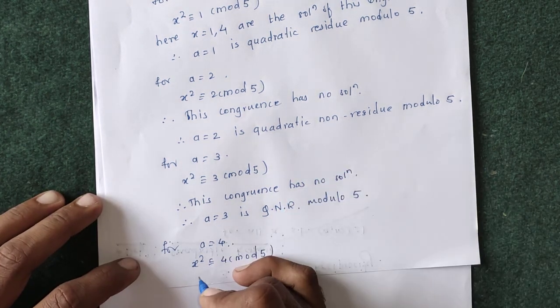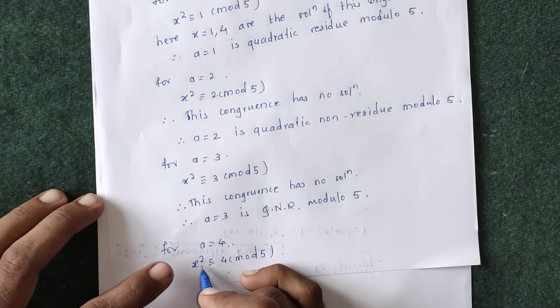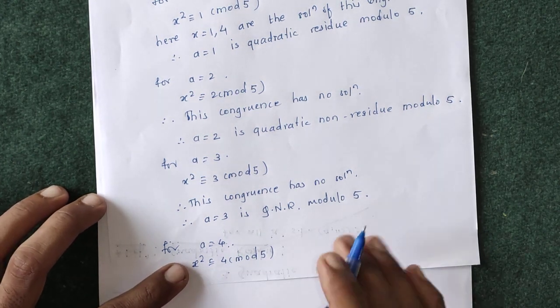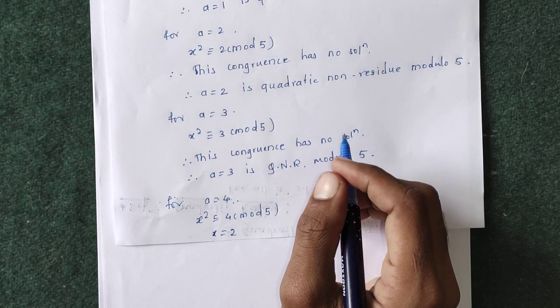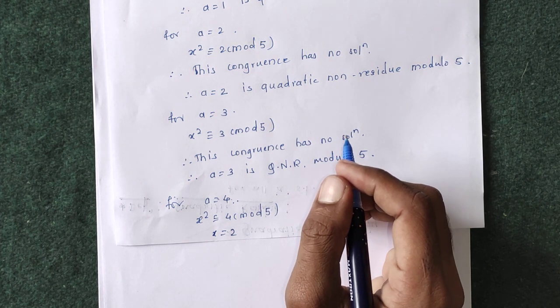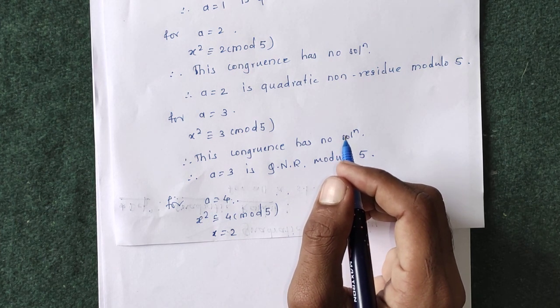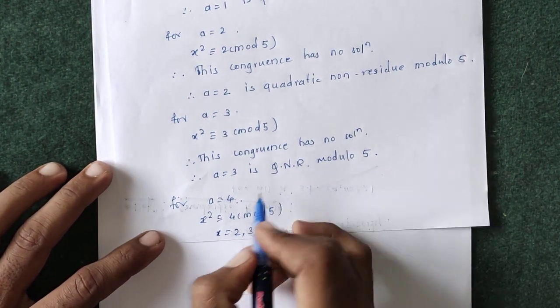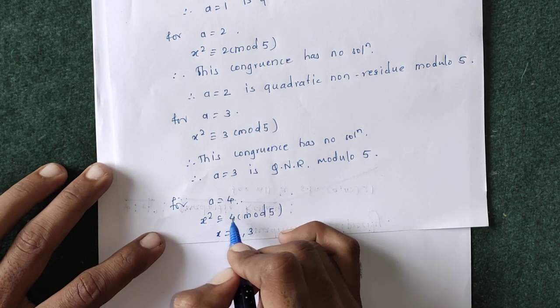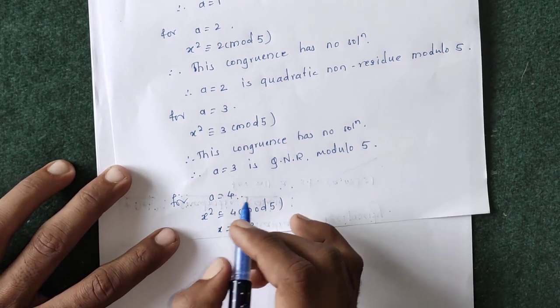Similarly for x equals 2, we get 2 square is 4, and 4 minus 4 is 0, 5 divides 0. So we get x equals 2 is a solution. And for the next integers, if we check x equals 3, then 3 square is 9, 9 minus 4 is 5, and 5 divides 5. So 3 is again a solution. For x equals 4, 4 square is 16, minus 4 is 12, and 5 doesn't divide 12.